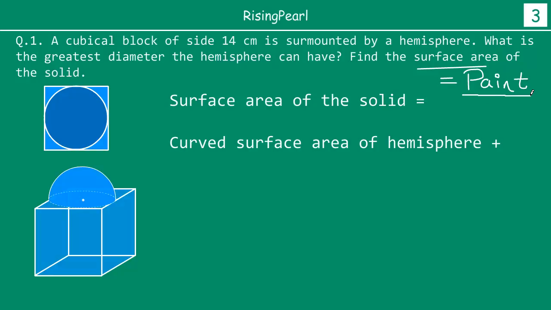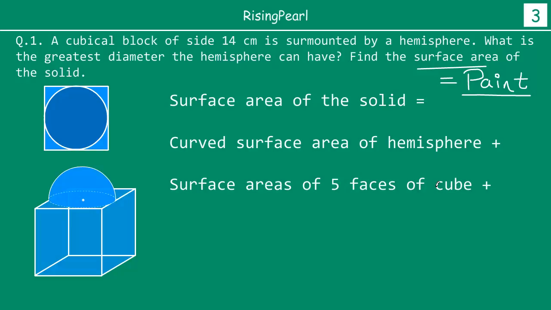So what is the area on which we are going to apply our paint? The surface area of the solid is the entire curved surface of the hemisphere, plus the surface areas of 5 faces of the cube.